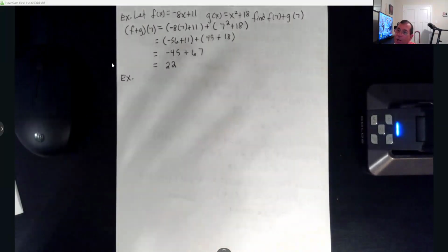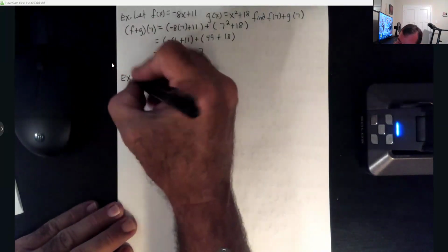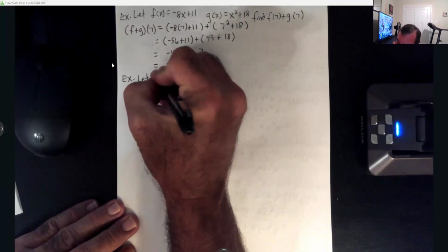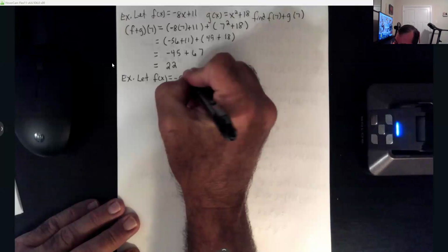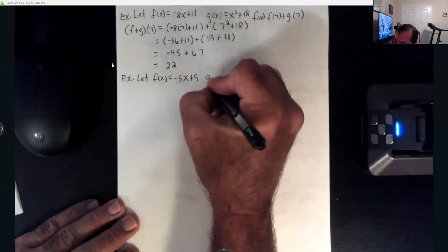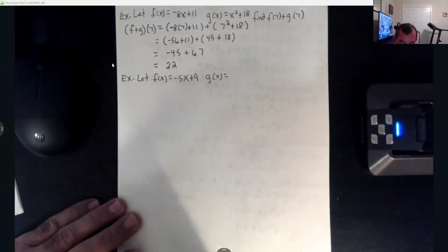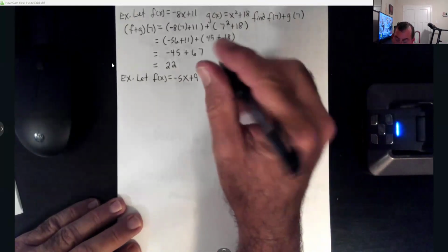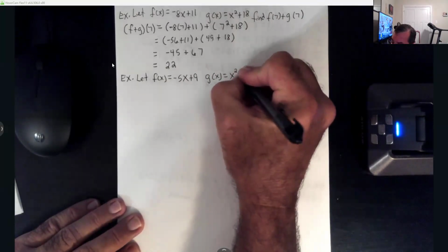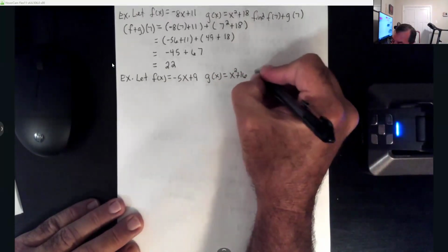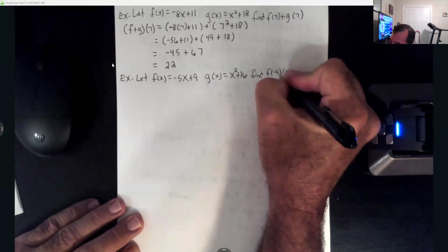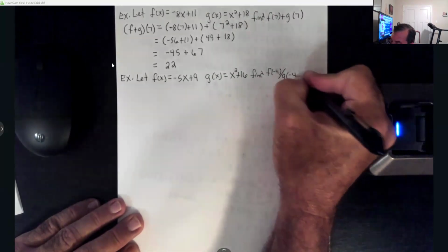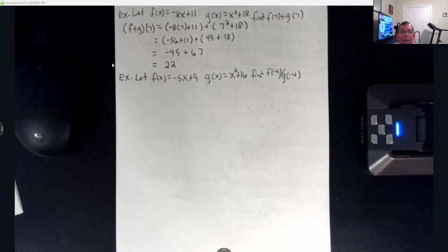So let's do one with a little division. So this one, I'm going to let my f of x equal negative 5x plus 9. I'm going to come in with g of x, and it's going to equal x squared plus 16. We're going to find f of negative 4 divided by g of negative 4. So a little bit of fraction stuff going on here.